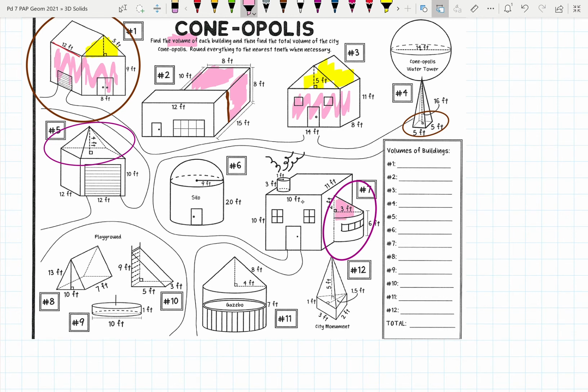So this is a cone, and the cone again is chopped in half vertically so that the back of half of the cone sits flush against that wall. So it's half of a cylinder with half of a cone on top of it for problem number 7. And that does look confusing. Don't forget the little cylinder for the chimney, because that does count as the volume.